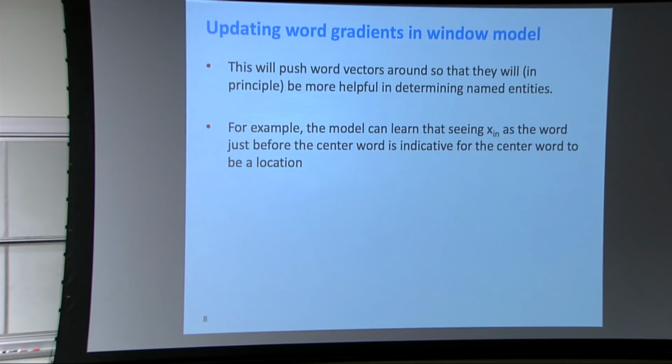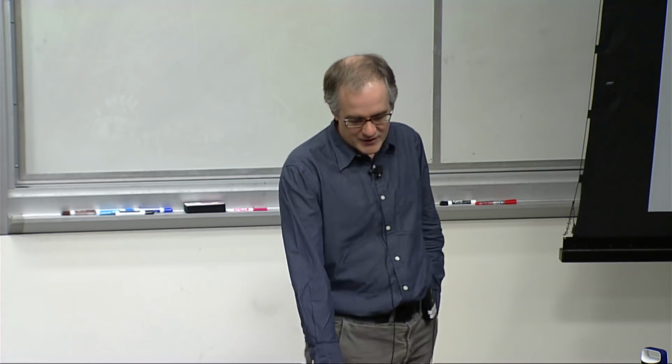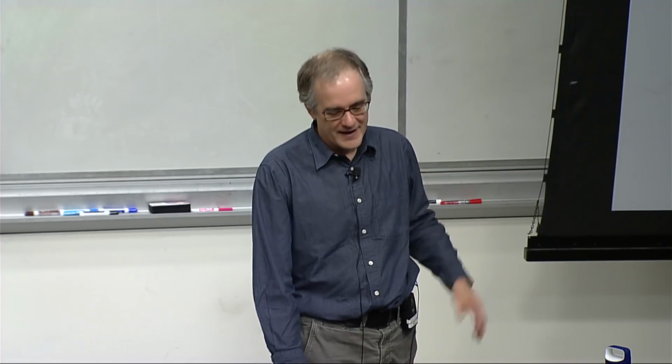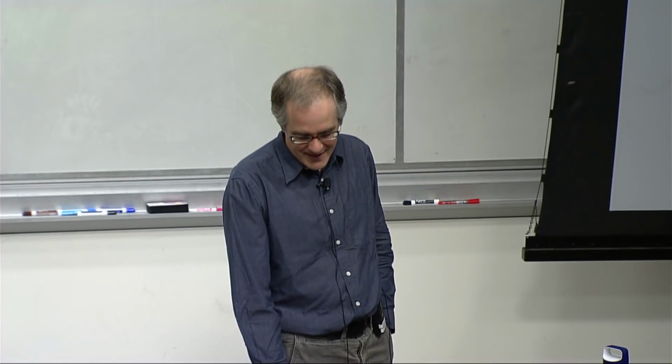So it might, for example, learn that the word "in" is a very good indicator of a place name following. After "in", you often get London, Paris, etc. So it has a special behavior that other prepositions don't, as a good location indicator. It could move its location around and say, here are words that are good location indicators, and therefore help our classifier work even better.